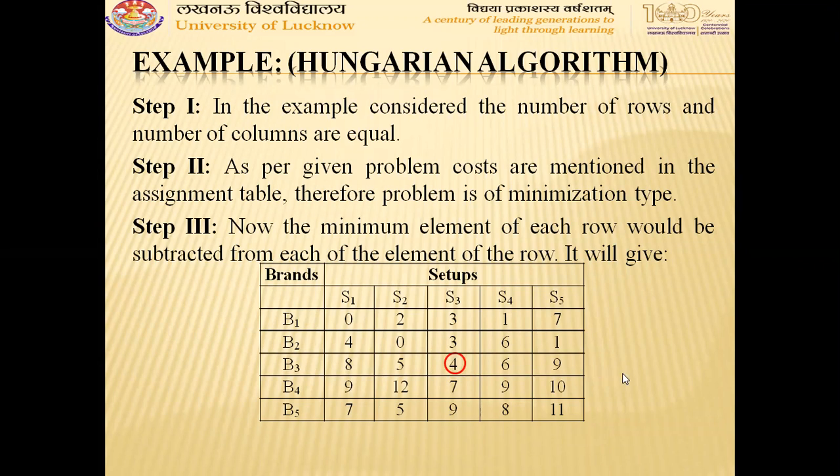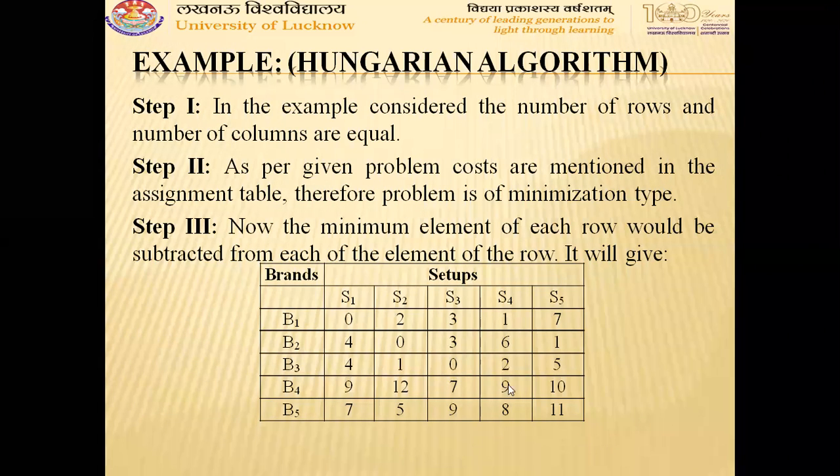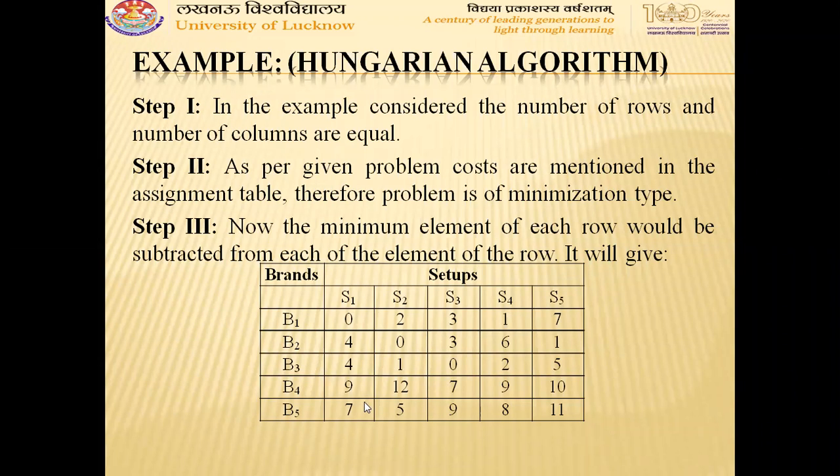This 4 is subtracted from each and every element. That is, this is obtained. Then in next row, 7 is minimum. 7 is subtracted and this is obtained. In last row, 5 is minimum. We would obtain 2, 0, 4, 3 and 6.